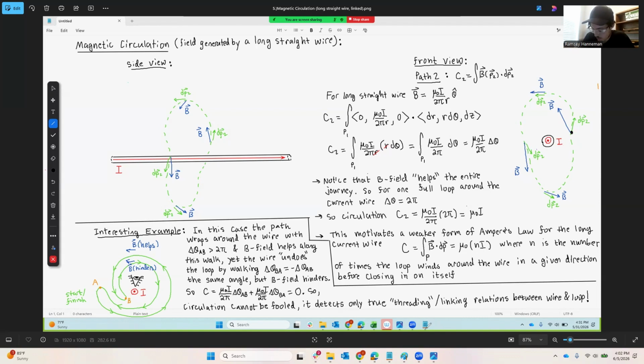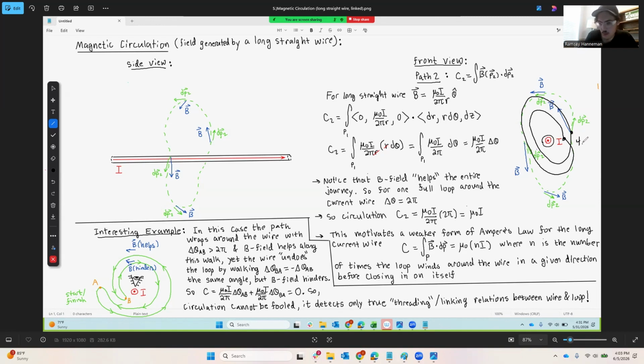And this kind of is the motivation for that weaker form of Ampere's law that works for this nice symmetric long current wire case, where the circulation is just equal to mu sub naught times I times n, where n is the number of times the loop winds around the wire before closing in on itself. So, for example, you could imagine a path that goes around twice before it stops where it started.